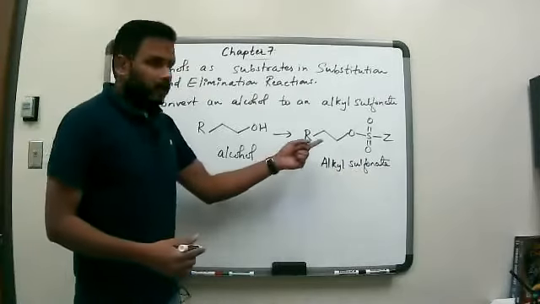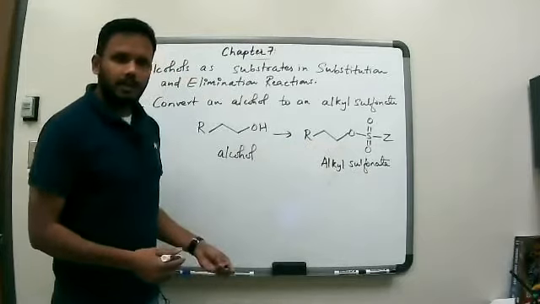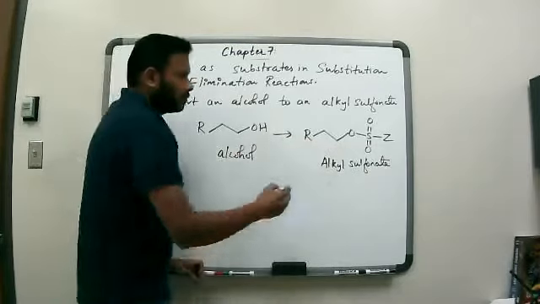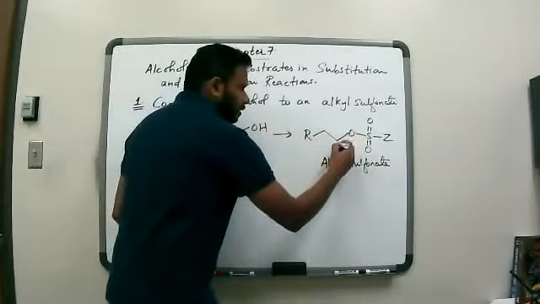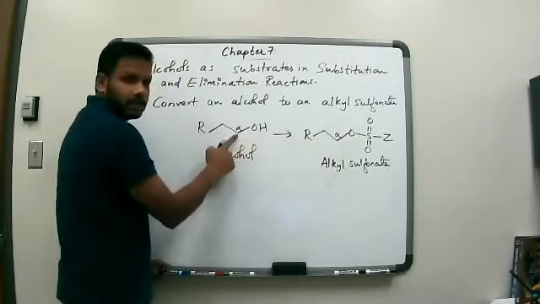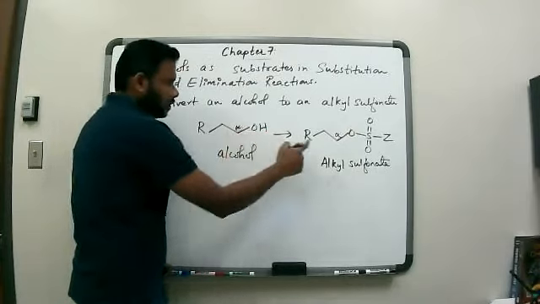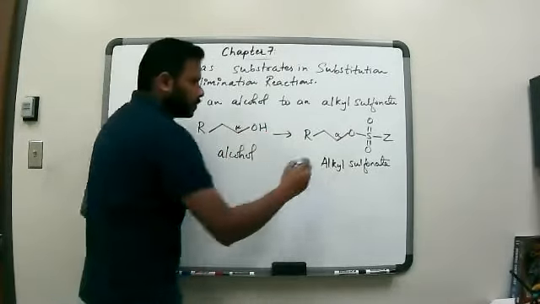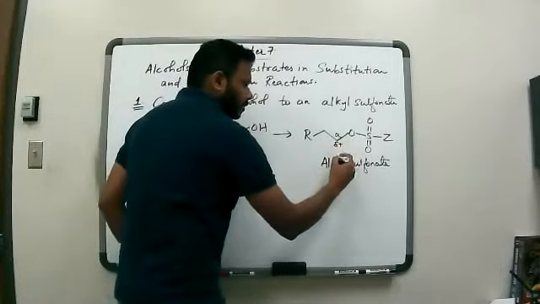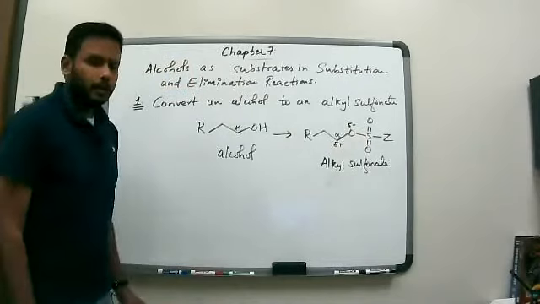Now, we'll see how an alkyl sulfonate is synthesized, but in case of an alkyl sulfonate, notice again that this alpha carbon, which is the same as the alpha carbon in the alcohol, is also there. This alpha carbon is still del positive because that oxygen is del negative.